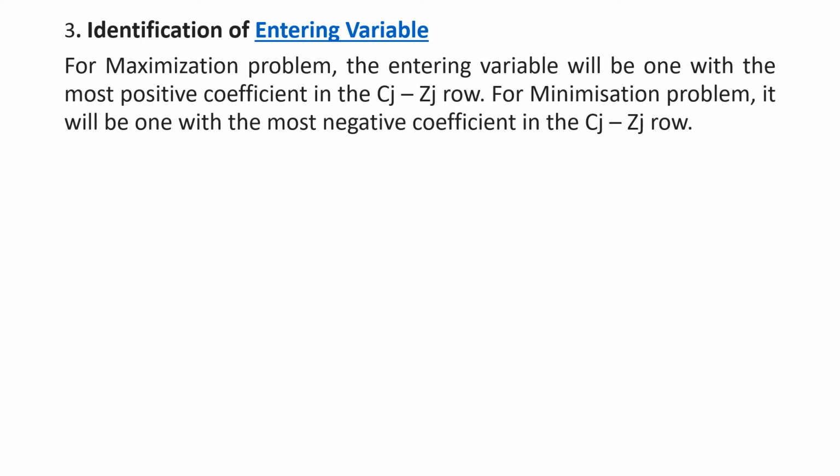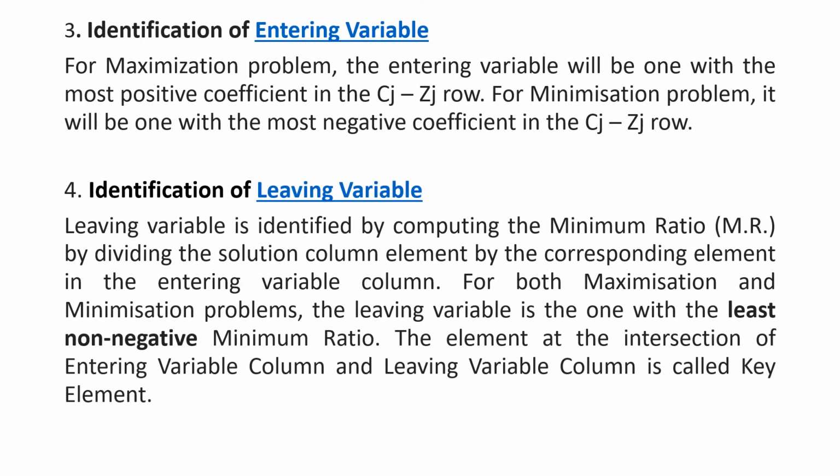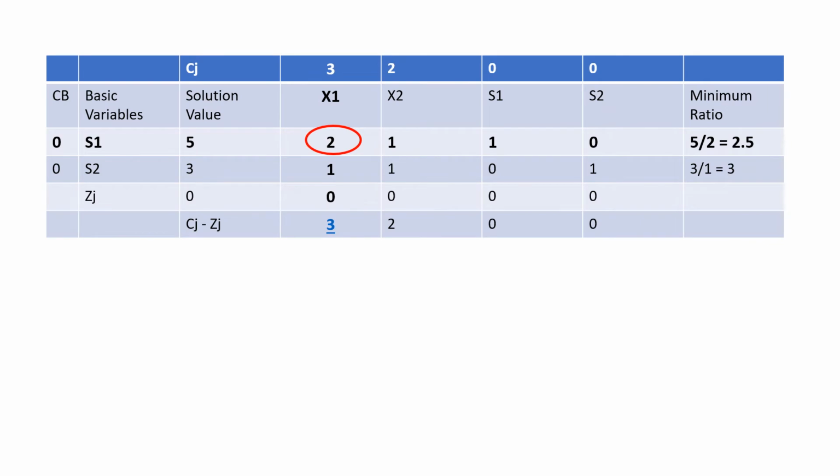So in our case, we can see the elements in the Cj minus Zj are 3, 2, 0, 0. The most positive being 3, x1 is entering. Once we identify x1 is entering, the question comes who will be leaving. For that, we have to compute the minimum ratio. How to compute minimum ratio?